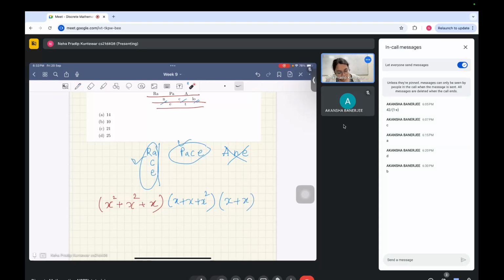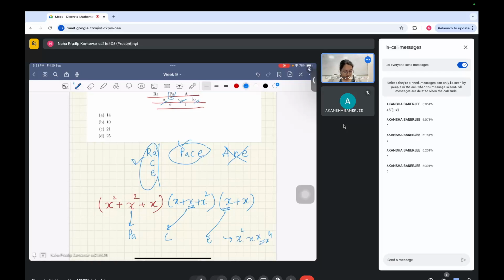Now what happens if you multiply the polynomials is that when you look at this x square and this x and this x, if you multiply them, you will get a four letter word, because this corresponds to the block PA, this corresponds to C, and this corresponds to E. And the term for this is exactly x square into x into x, which is x to the 4.